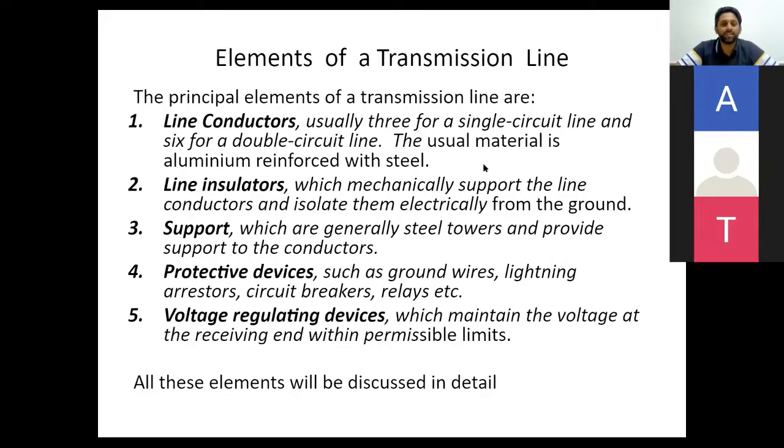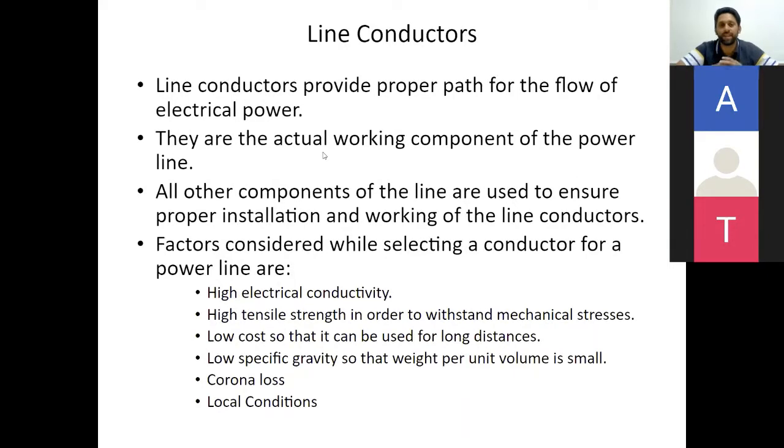So last class we discussed the main components. There are 5 main components: line conductor, line insulator, support, protective devices, and voltage regulating devices. I gave you a brief introduction about what they are. Today we are going to study this in detail, starting from the first one, the line conductor.